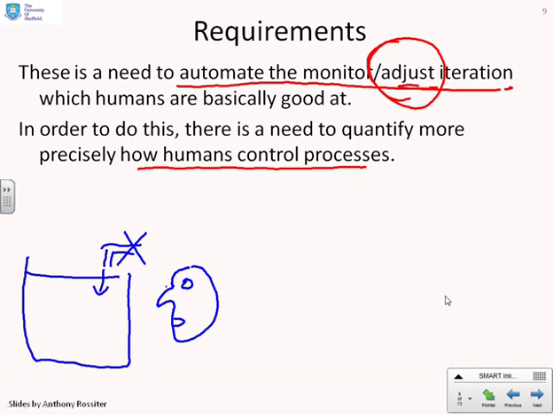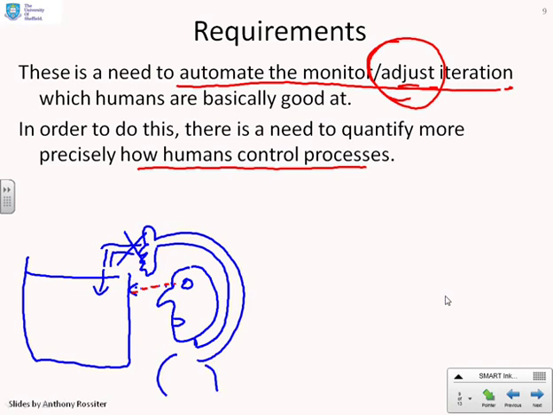Now the human is going to monitor, that's what the arrow is. If I use maybe a slightly different colour, he's going to monitor the output depth. Now based upon what they've seen, now you can have a rather bendy arm here because I'm not much of an artist, but there you go. He's got a really bendy arm, there's his hand. Based upon what he sees, the human is going to adjust that tap.